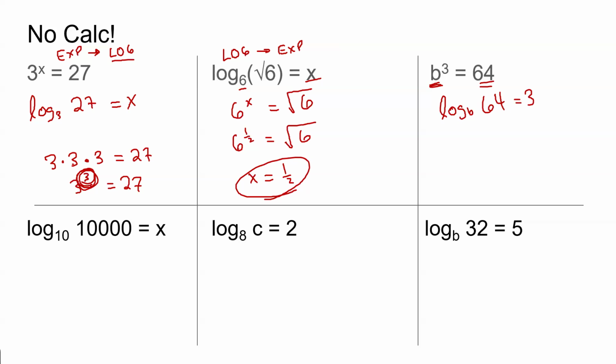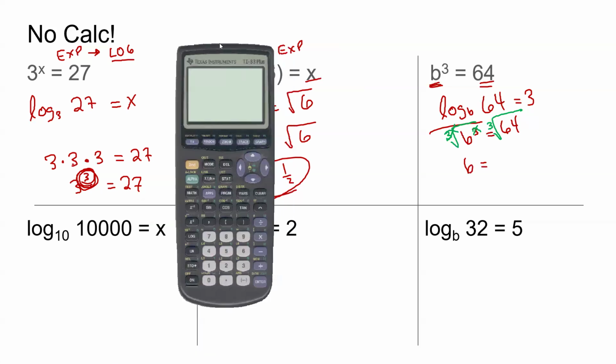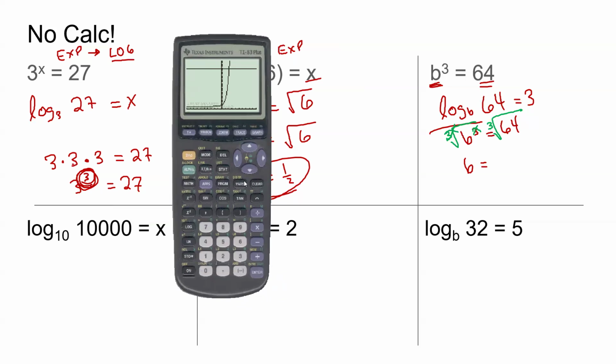If I were trying to solve this problem for real, I'd say I've got b to the third equals 64, and I'd take the cube root of both sides. And then the cube root and the cube would cancel each other, and I would have b equals the cube root of 64. I could come over to my calculator, hit the math button, go down to the cube root, number 4. If you want x root, it's number 5.